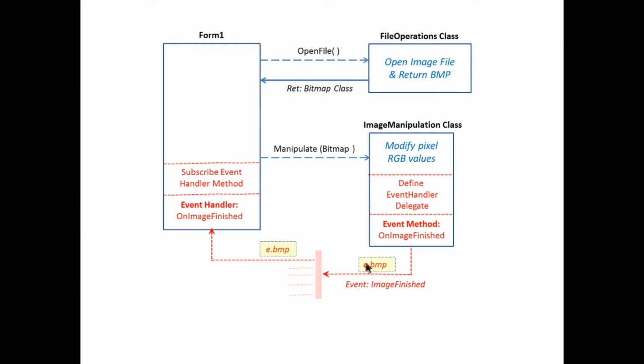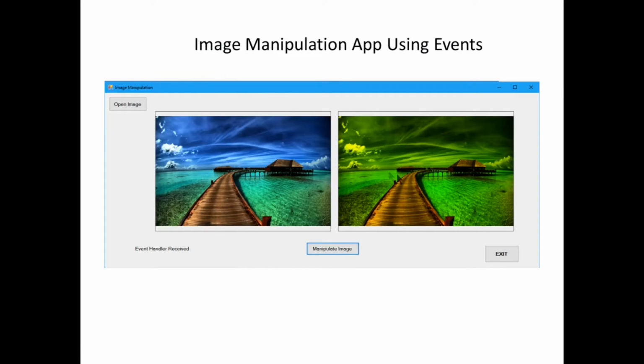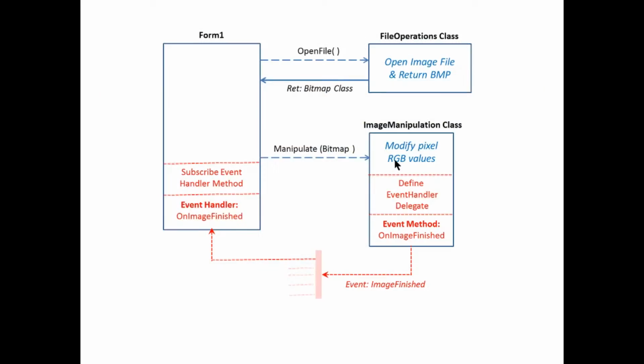Now, unlike the first video where we talked about just sending an event and no other information to the subscriber, in this case, in order for this main Windows application to populate this second picture box, it needs to grab this modified image. So how is it going to do that?